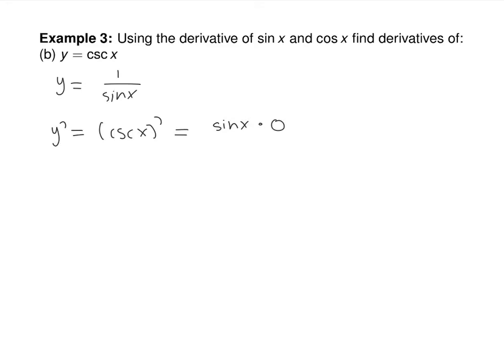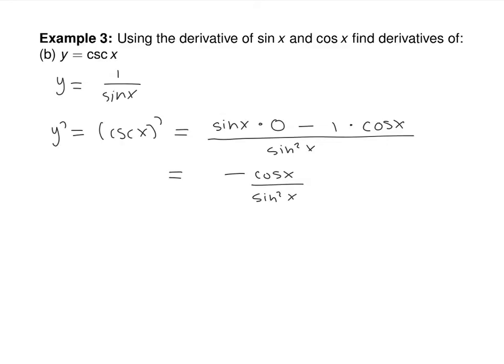Yep, you're not wrong, it is 0. Minus high d low, derivative of sine is cosine, all over sine squared, right? So that's negative cosine x over sine squared x. You okay with that? Okay.